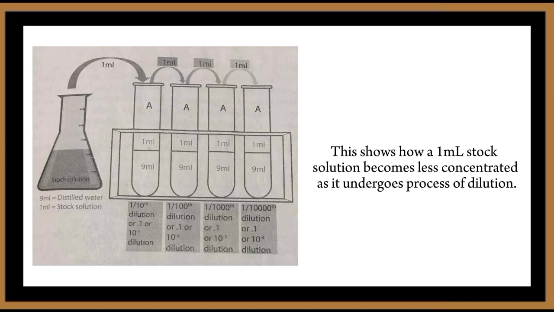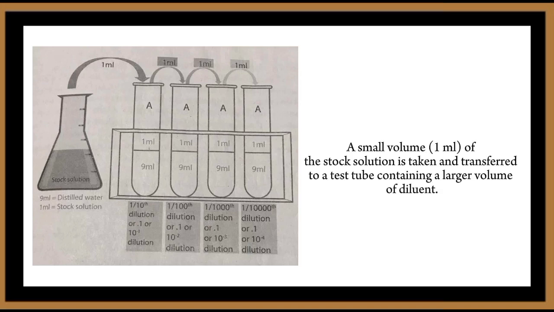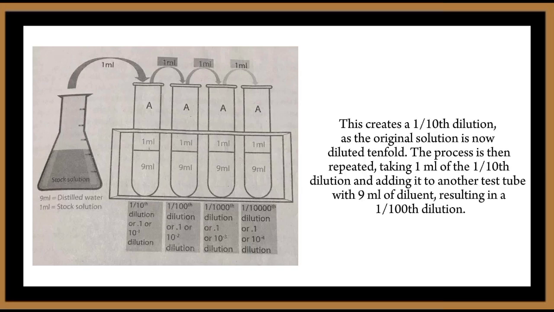This shows how 1 ml of stock solution becomes less concentrated as it undergoes the process of dilution. A small volume, 1 ml, of stock solution is taken and transferred to a test tube containing a larger volume of diluent. This creates a 1/10 dilution as the original solution is now diluted tenfold.